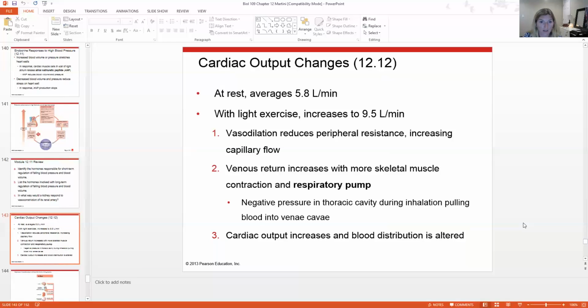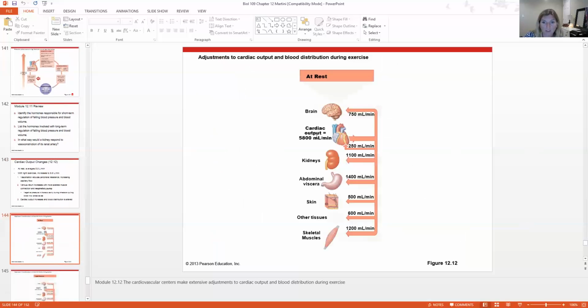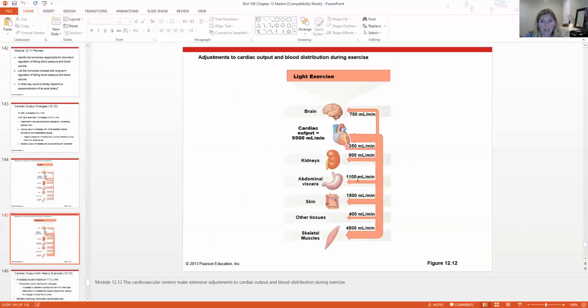Cardiac output is also going to increase, and blood distribution can be altered even with light exercise. So here you see some of the changes in blood flow. At rest, 750, 250, 1100, etc. But look, when we add light exercise, we're changing. Notice our brain never changes. It's still 750. But look at our kidneys.